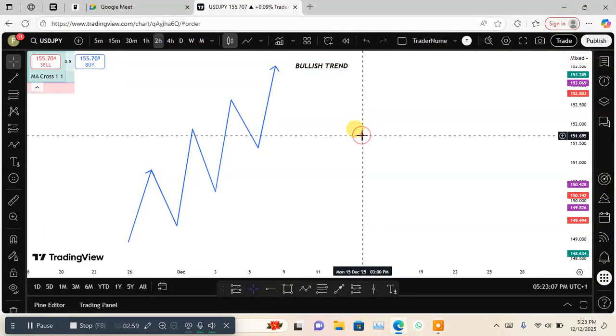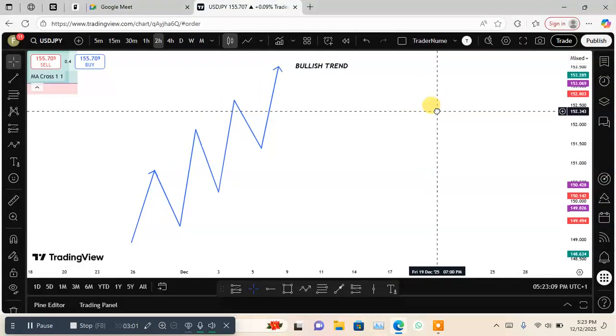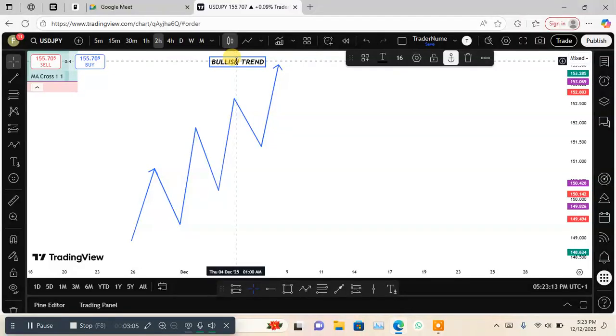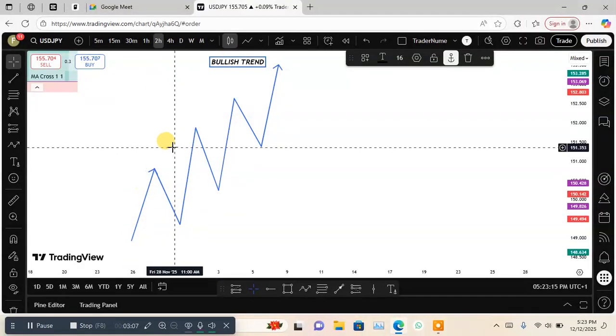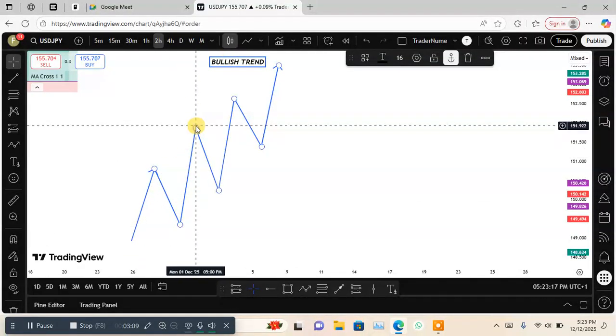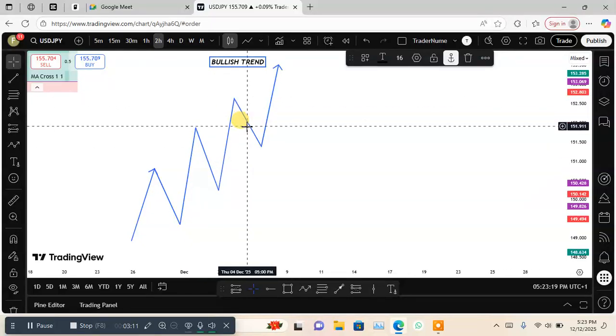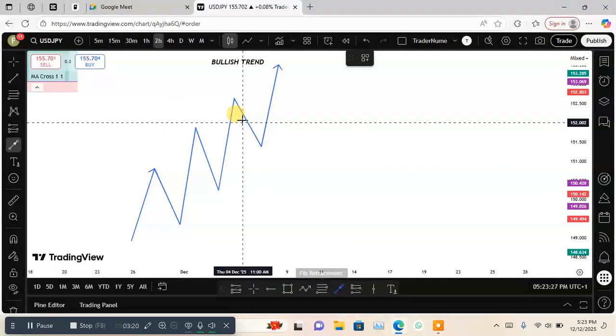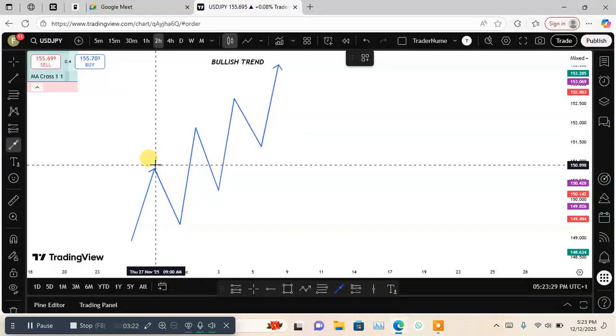All right, so this is known as the bullish trend, right? This is the bullish trend where market is going up, creating higher highs, higher lows, higher highs, higher lows, and so forth. So that is the bullish market. And as price is creating higher highs and higher lows, we are seeing consecutive break of structures.